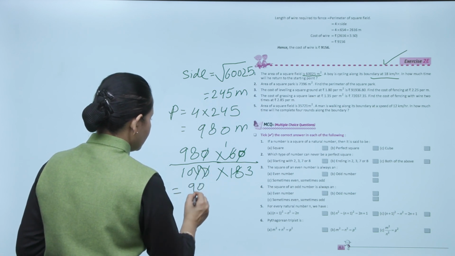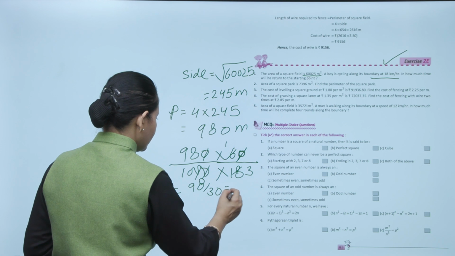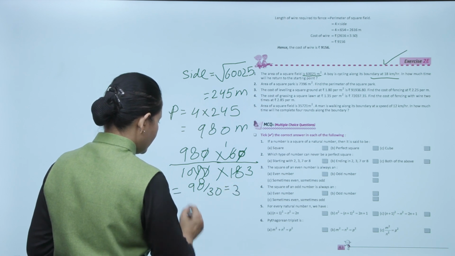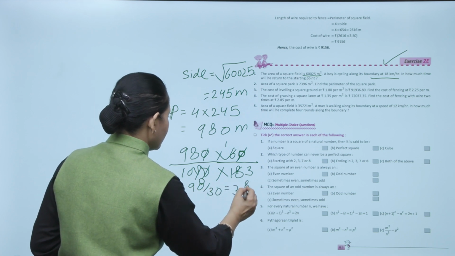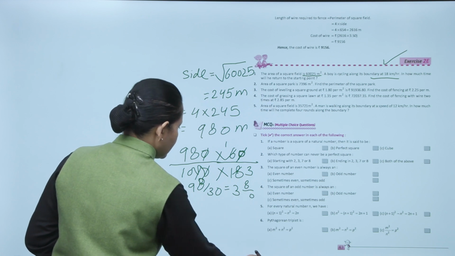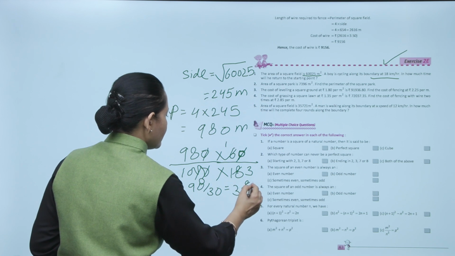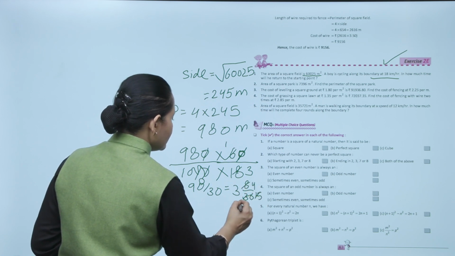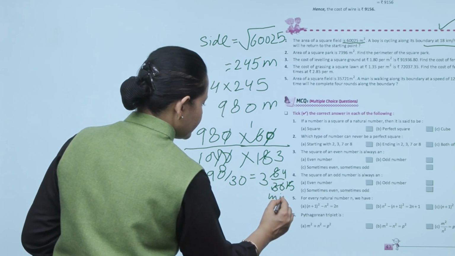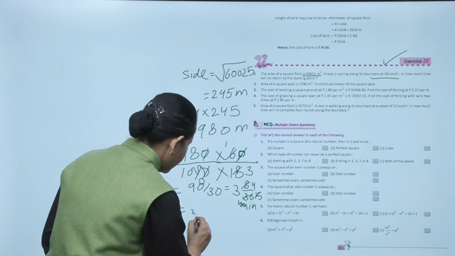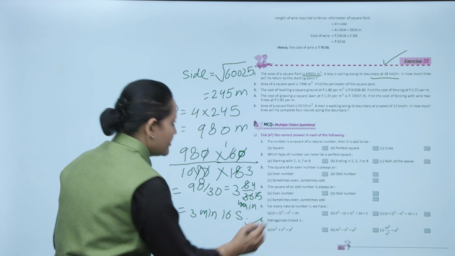So 98 upon 30. That comes out in minutes, and we can write the time as 3 minutes and 16 seconds.